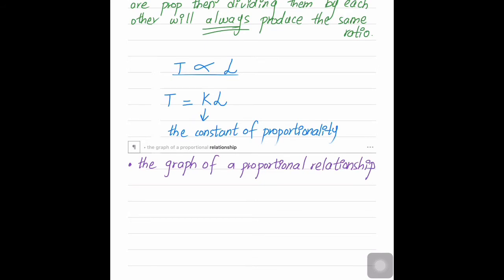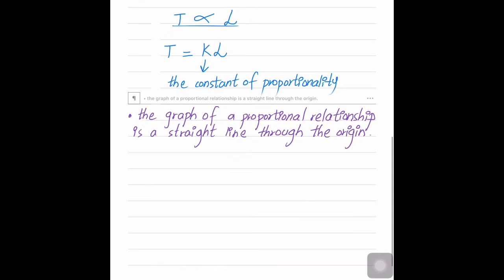The graph of a proportional relationship is a straight line through the origin. This will always be true. It's one of the facts that always stands true. The graph of the proportional relationship is a straight line that passes through the origin.